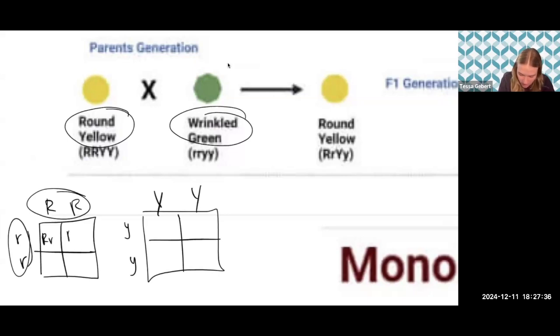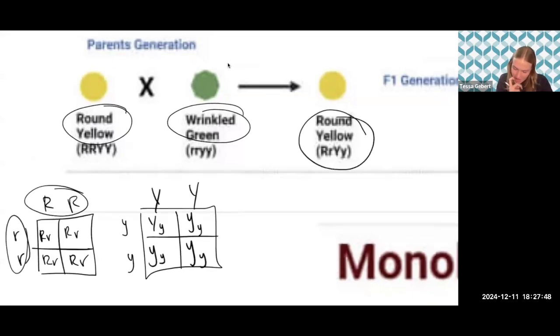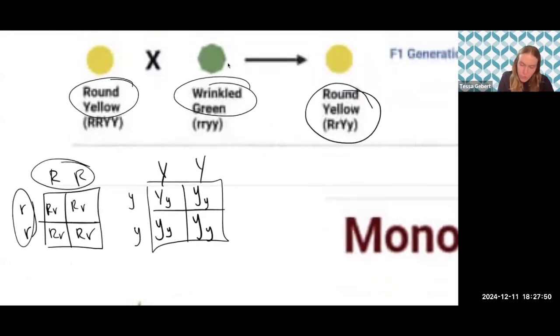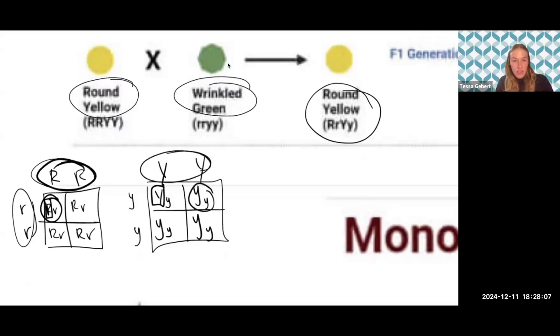When I do that, all of my offspring are heterozygous for both traits, which is exactly what we expect when we get the round and yellow. Now, how do I know it's round and yellow? Well, this idea of dominance. I have at least one capital letter here. Therefore, that's all I need to exhibit the trait. So this and this look the same, just like this and this look the same when we're actually looking at them. They have the same phenotype.